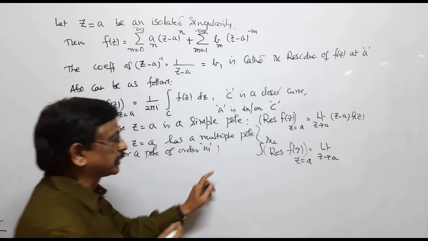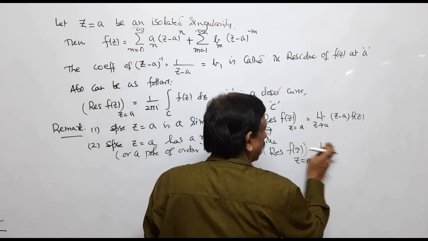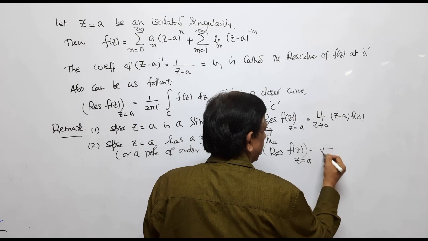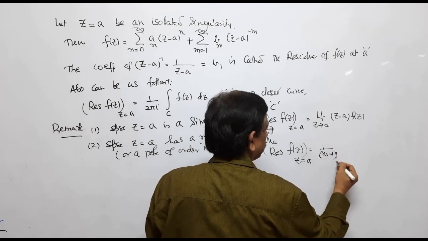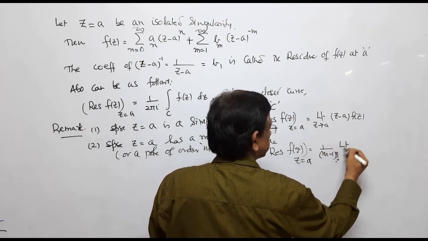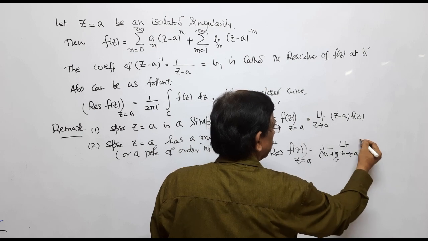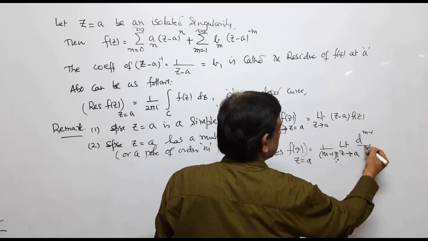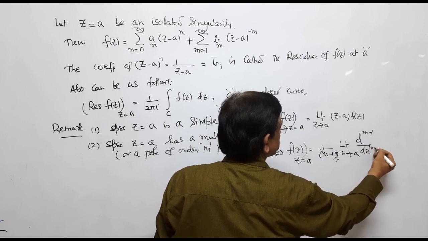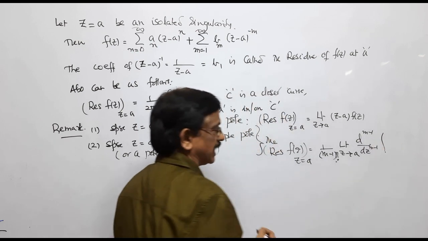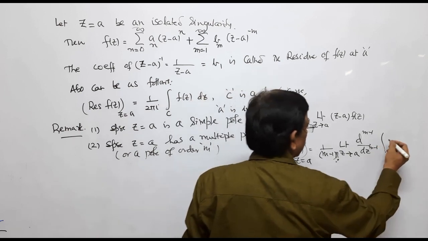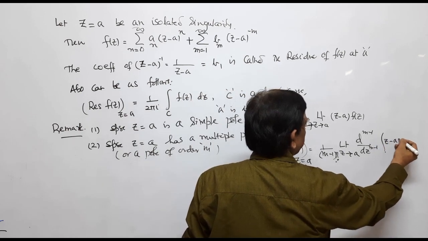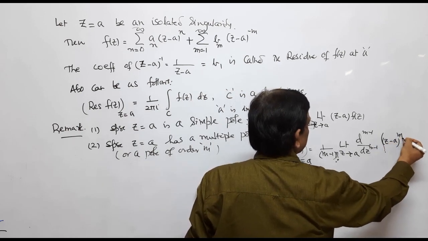Because it is a pole of order m, I will write down 1/(m − 1)! times the limit z tending to a of d^(m−1)/dz^(m−1) of (z − a)^m f(z).